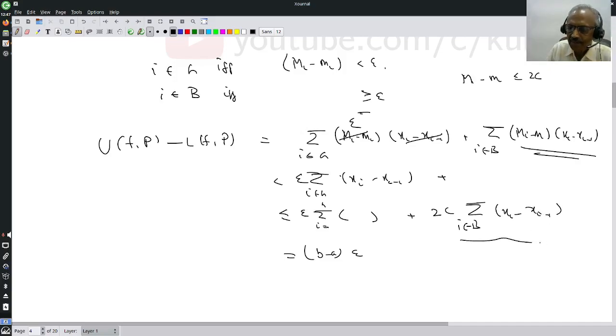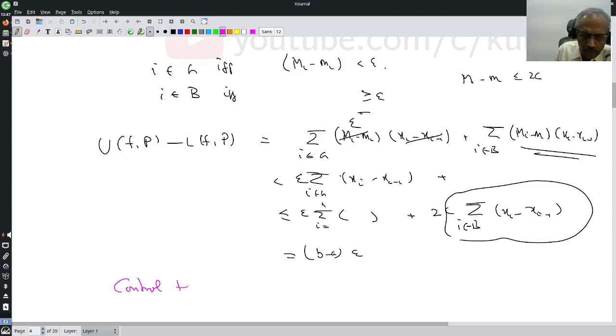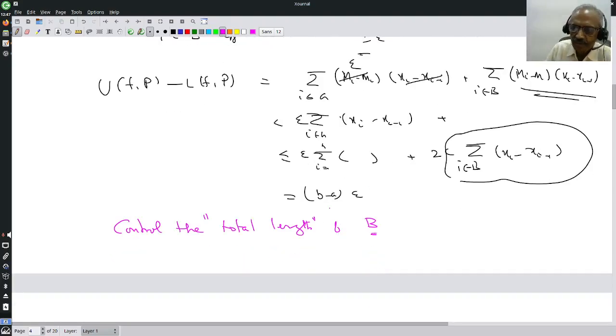Right? So, what does this show? This shows that we need to control the total length of the intervals which contribute to B.